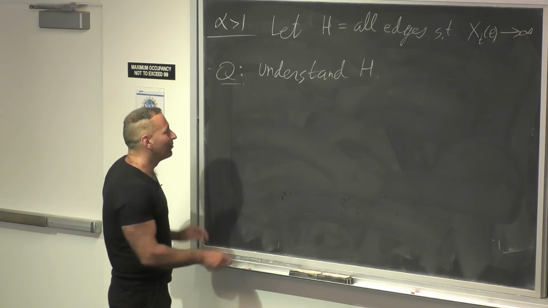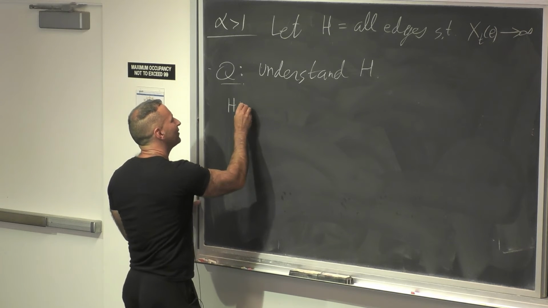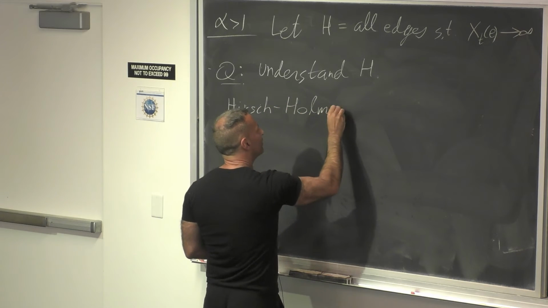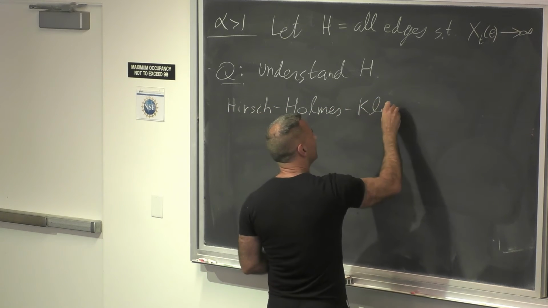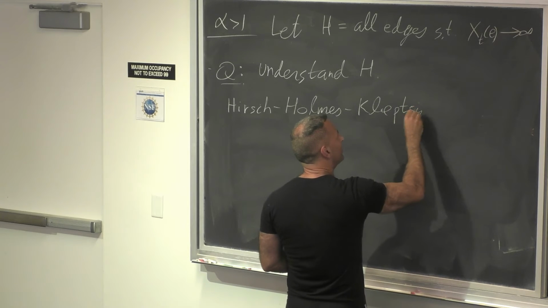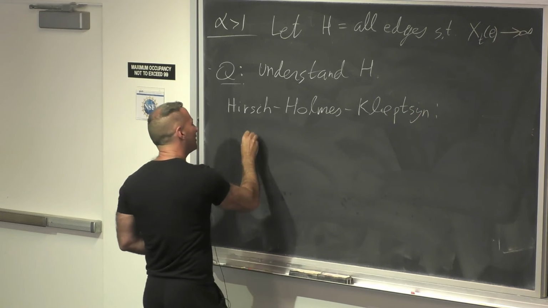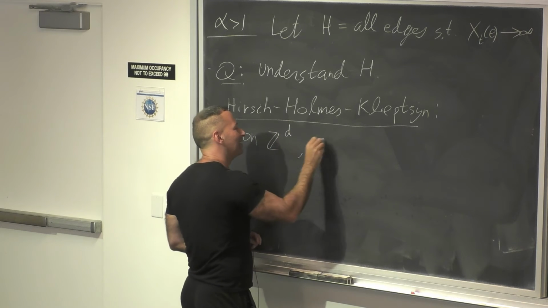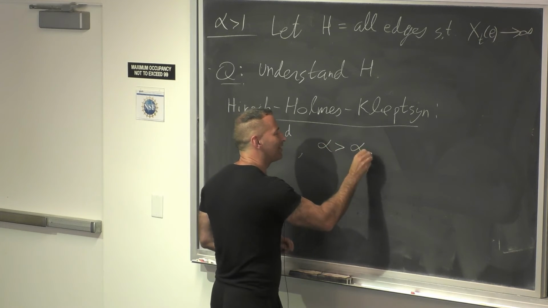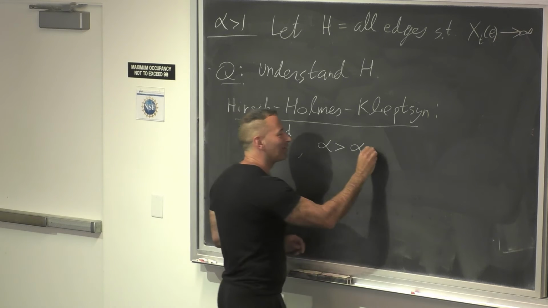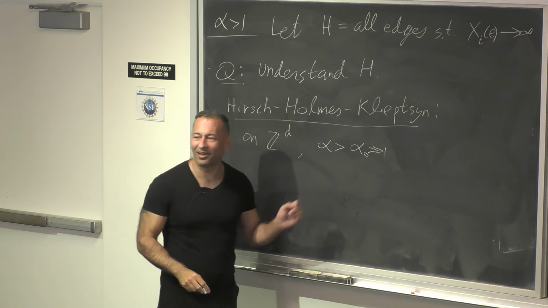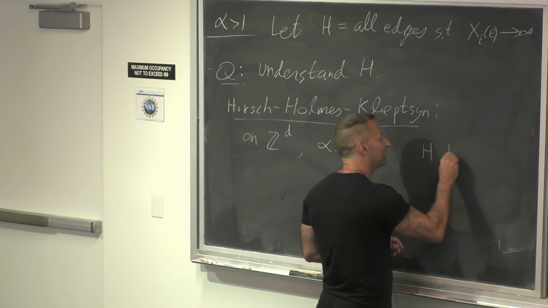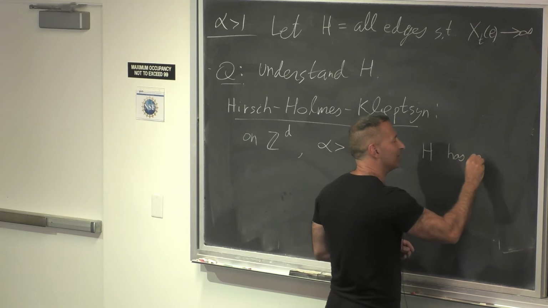So there is a theorem, by Hirsch, Holmes, and Kleptsyn. On Z^d, if alpha is large enough, which is generally something large, then H has no percolation.